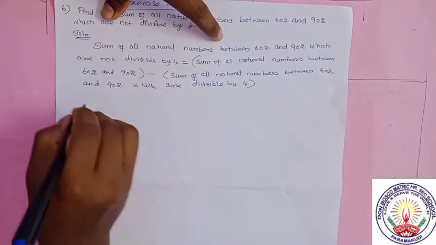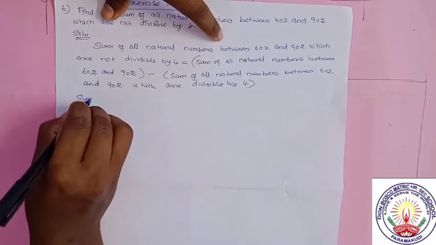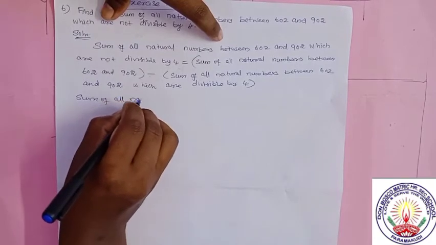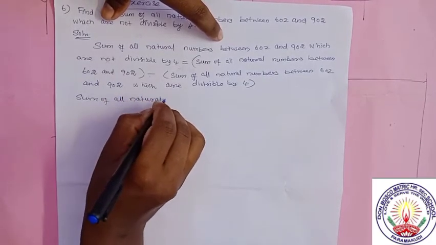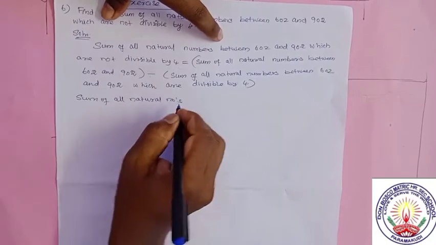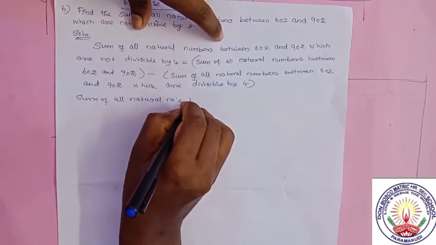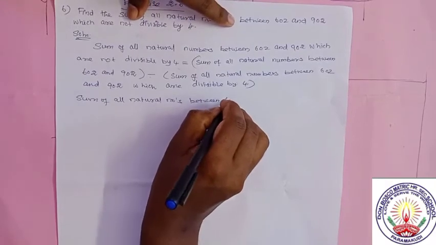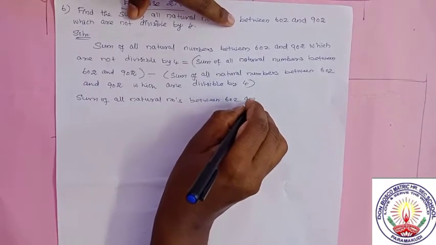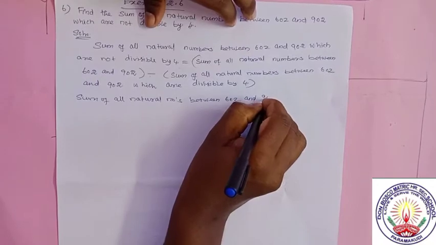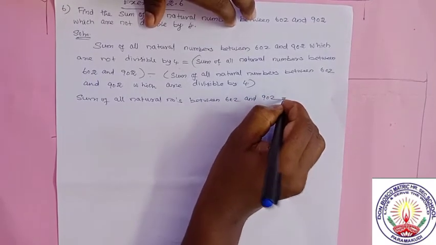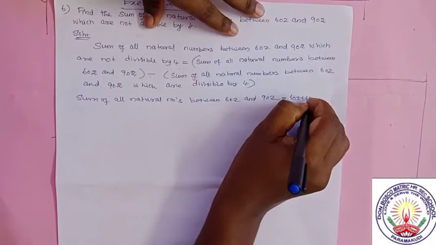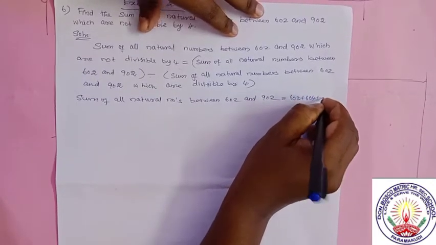So first, the sum of all natural numbers between 602 and 902 is equal to, the first number is 603 plus 604 plus dot dot.